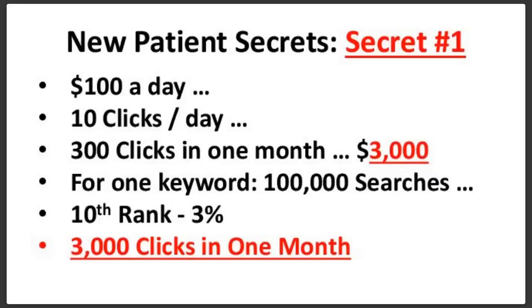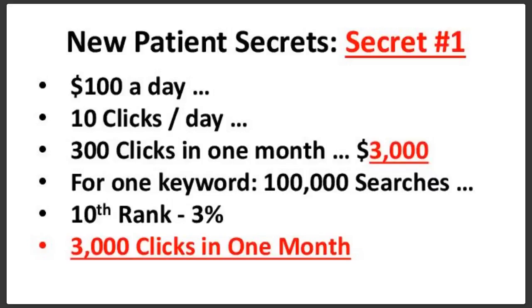Now here's the amazing thing. For one keyword alone, for dentists near me, there have been over 100,000 searches at the minimum, as we saw from the last slide. Now it goes from 100,000 to 1 million searches. So we'll take the most conservative number and we'll say, okay, for dentists near me, there have been 100,000 searches done for this keyword.